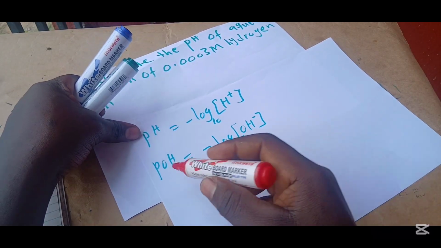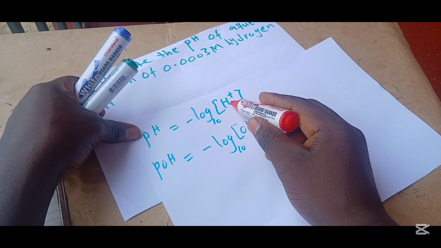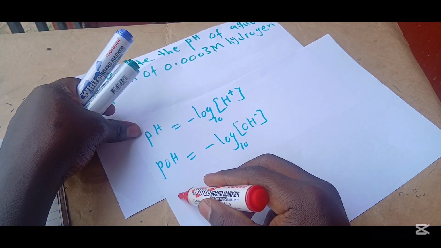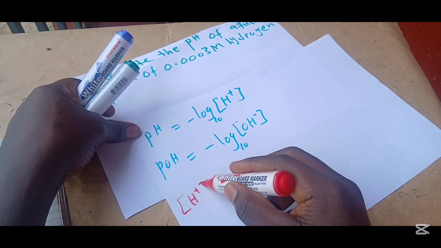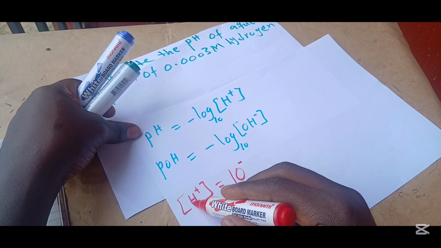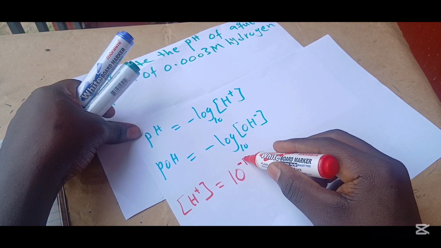And what if you want to calculate the H plus ion concentration alone? The hydrogen ion concentration is equal to 10 to the power, since we are talking about hydrogen ion, negative pH.